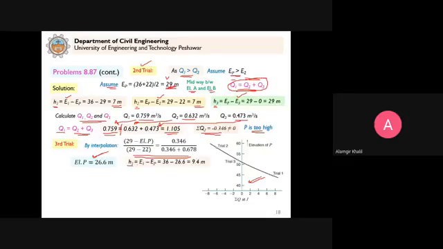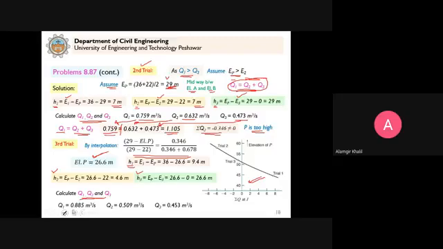Again, we calculate H1 like in the second trial. We calculate H2 and we calculate H3. Clear? So now for this H1, H2 and H3, again we calculate Q1, Q2 and Q3. So Q1 comes out to be this much, Q2 is this, and Q3 is this.